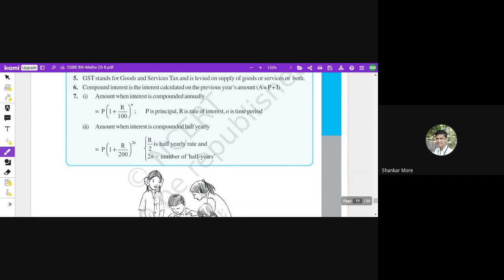Toh jab compounded annually rahega, this is the formula, that is P(1 + R/100)^n. Here P will be principal, R will be rate of interest, and n is the time period. But when interest is half yearly rahega, then in that case this formula will slightly change, right?